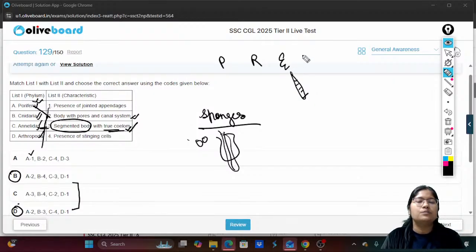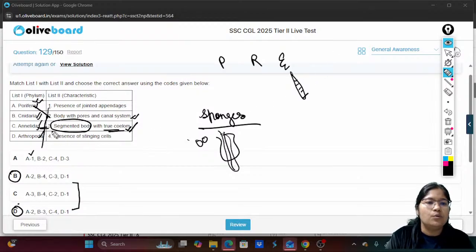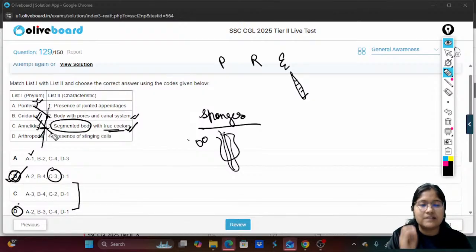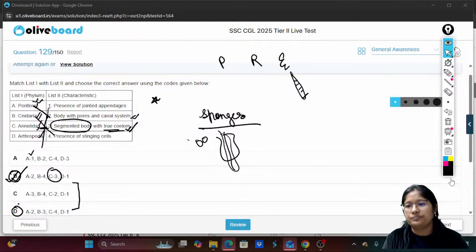And after that, when we study Annelida, then there is the true coelom, right? So C will go with 3, and that leads us to B as the correct answer. And for Cnidaria, the name itself means that they will have stinging cells, because of which it can give rise to allergies, etc. For example, jellyfish. All this we study in the five kingdom classification.